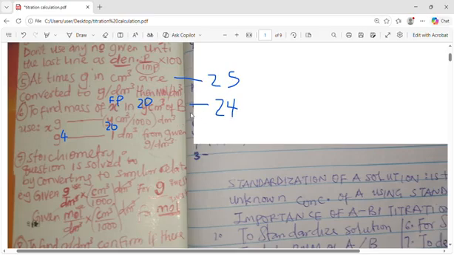Since they use the word mass, it means we are looking for the mass of iron. Put X as the mass of iron, then roll a line like this. Since they say 20 cm cube, X gram equals what? 20 cm cube. But that cm cube, immediately change it to dm cube, you say over 1000.